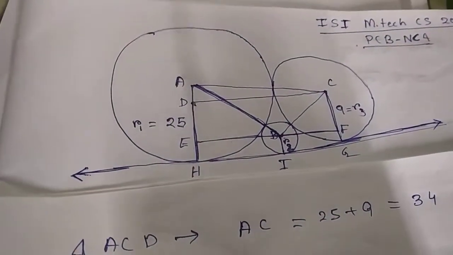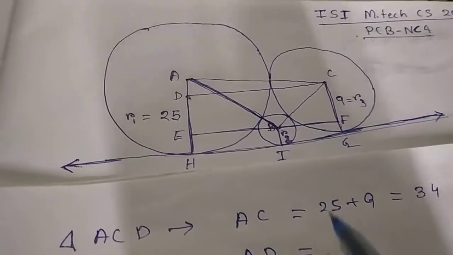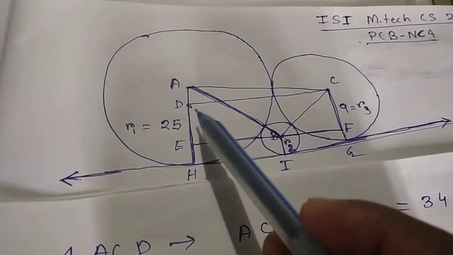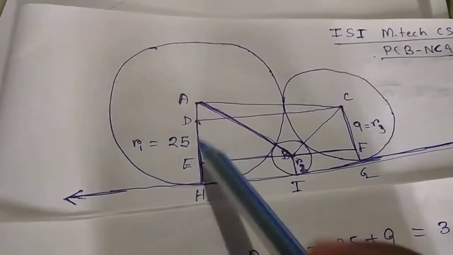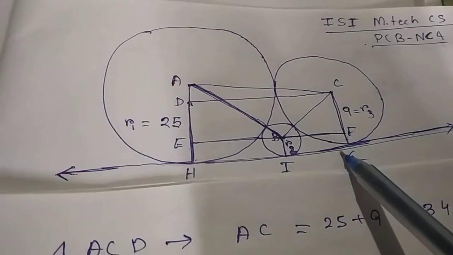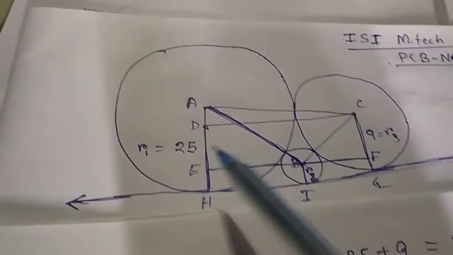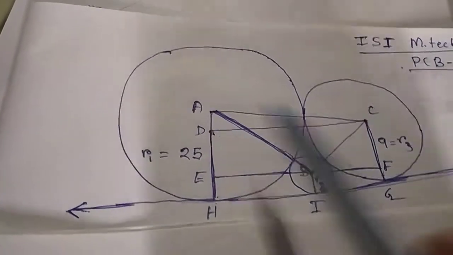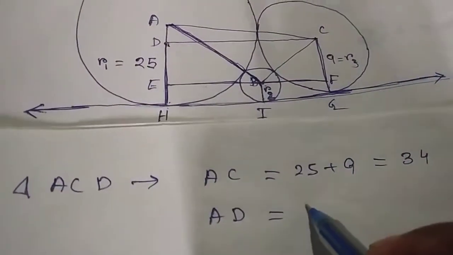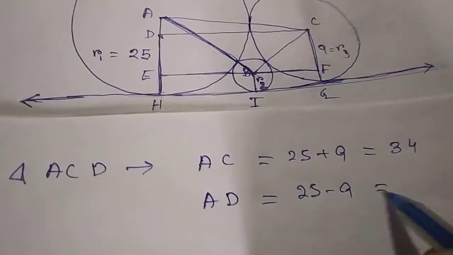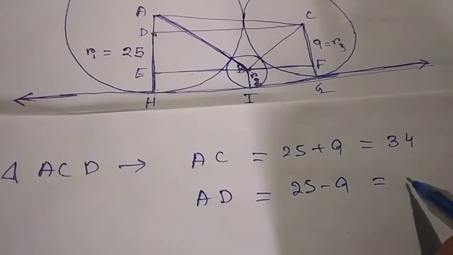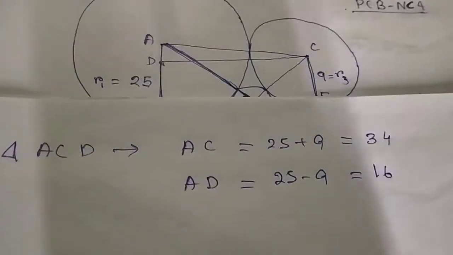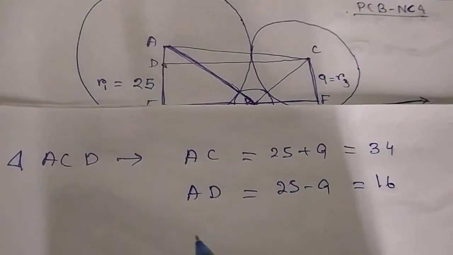And then AD, what is AD? AD is nothing but AH minus DH, and DH is equal to the CG. So DH is 9, so AD is 25 minus 9, which is 16. Okay, now we want to find DC.